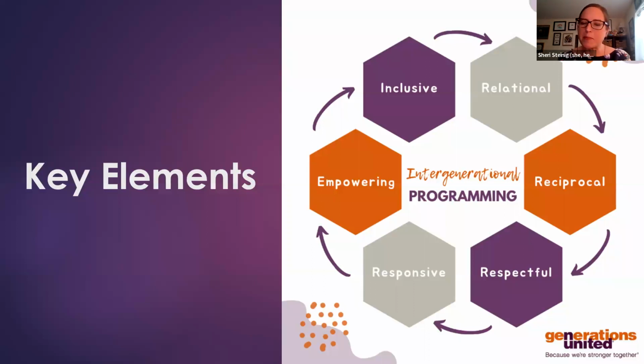They empower the participants, that the strengths of each generation are recognized and incorporated into activities, and the participants are involved in planning and implementation as much as possible. They're responsive, that they reflect the interests of the different age groups and respond to needs of the community. And finally, they're inclusive, and that they support the participation of people of all ages, backgrounds, abilities.